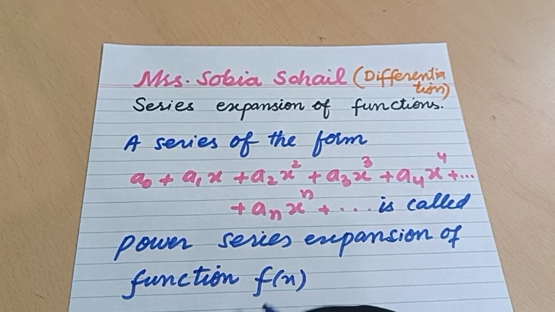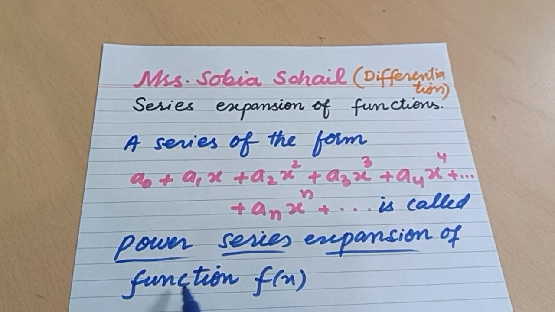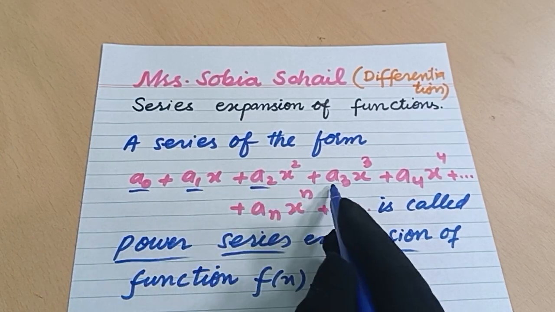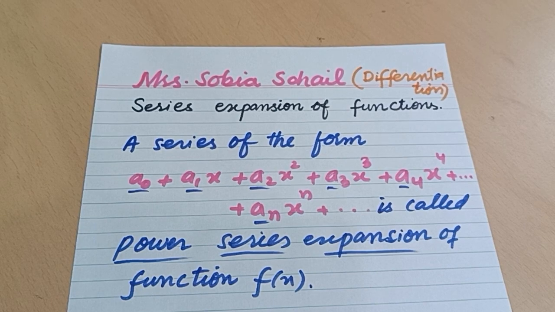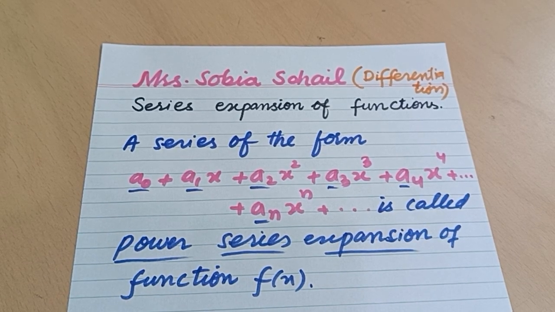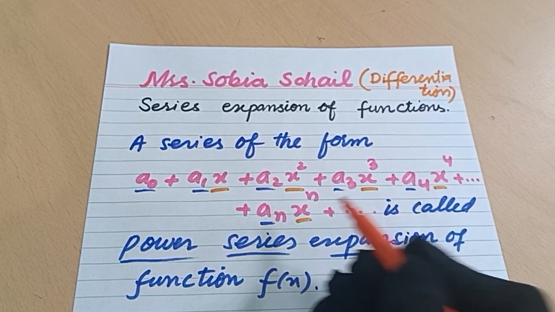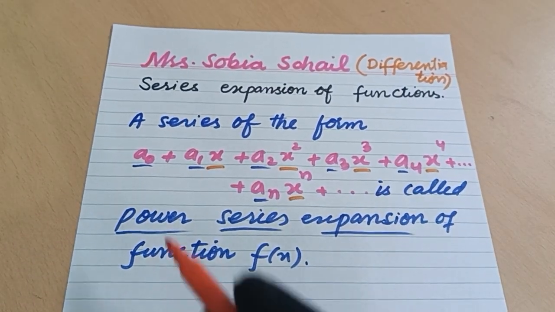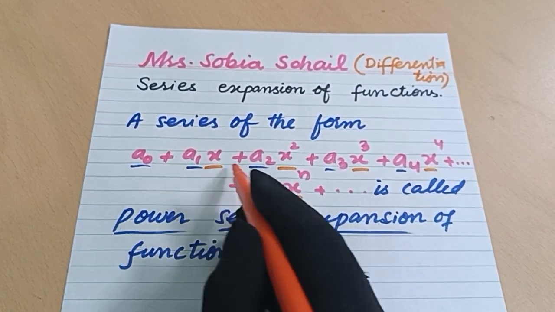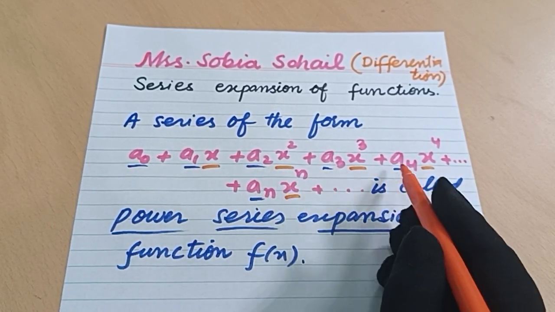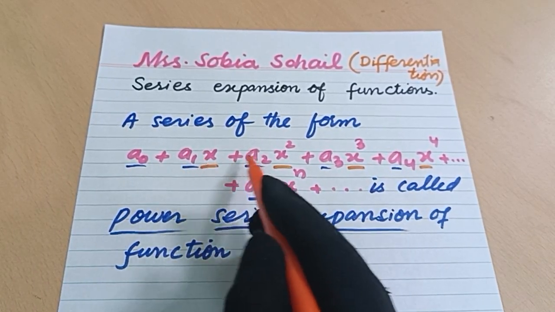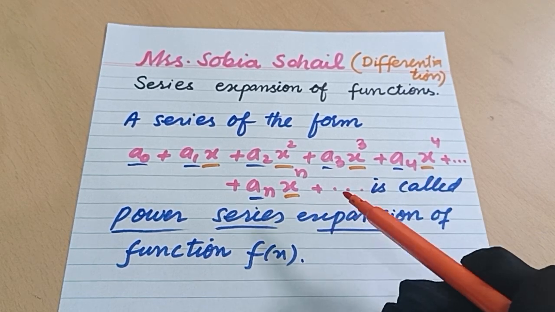This is the power series expansion of a function f of x, where these are the coefficients and these are the variables. a naught, a1, a2, a3, a4 are the coefficients, and x squared, x cubed, x to the fourth up to x to the n are the variables.